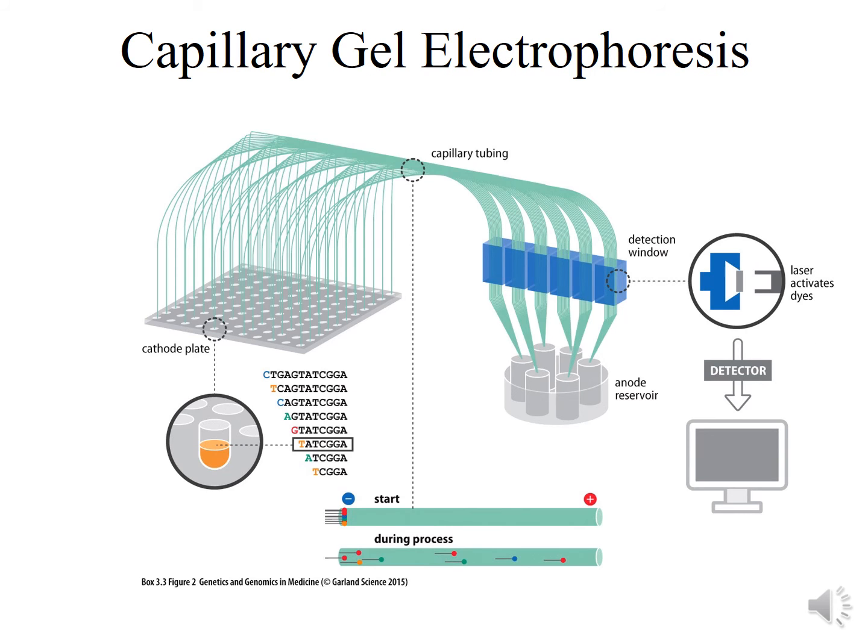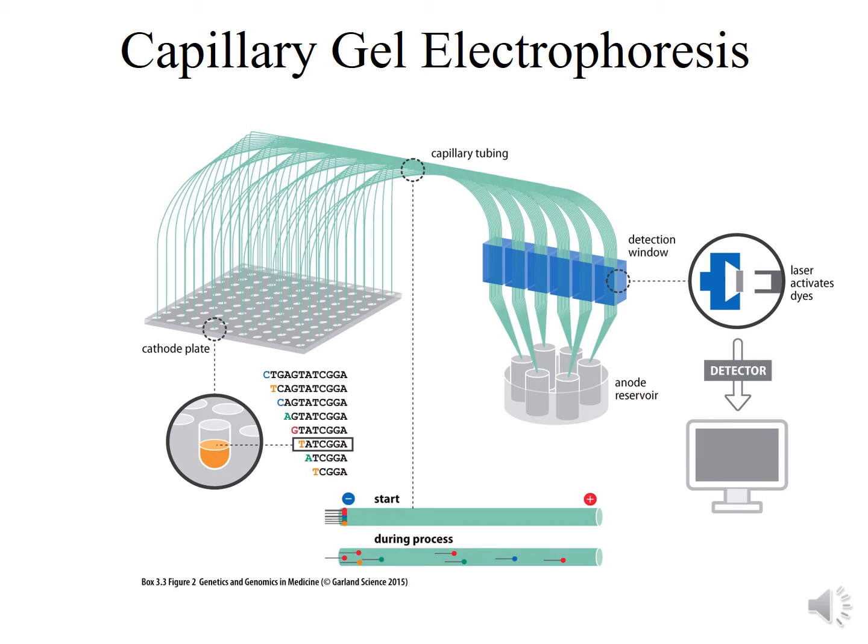This slide describes capillary gel electrophoresis. The disadvantage of slab gel electrophoresis is that it is very labor-intensive and technically demanding. The modern trend is to use capillary electrophoresis, which is a largely automated process.